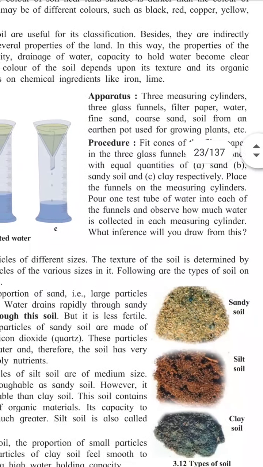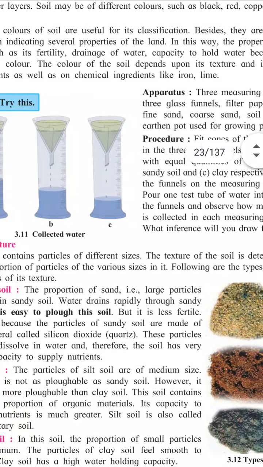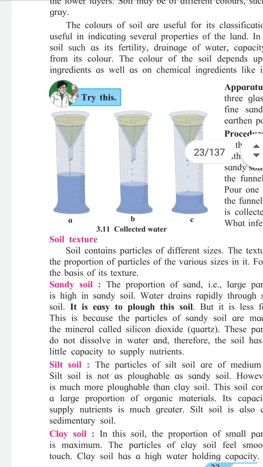See, you will need the apparatus, that is cylinders, three measuring cylinders, 3 glass funnels, 3 filter papers, water, fine sand, coarse sand, soil from an earthen pot used for growing the plants, etc. Now the procedure: what we have to do is fit cones of filter paper in the 3 glass funnels.